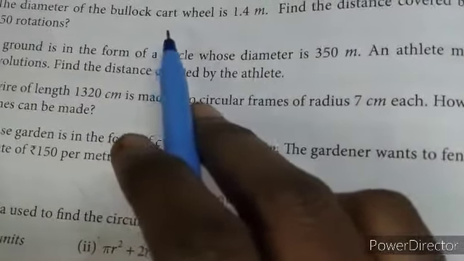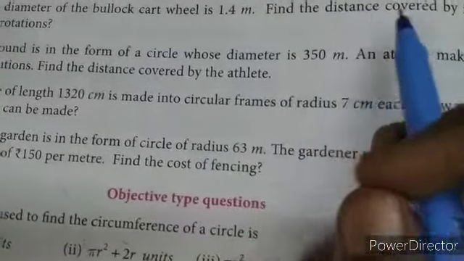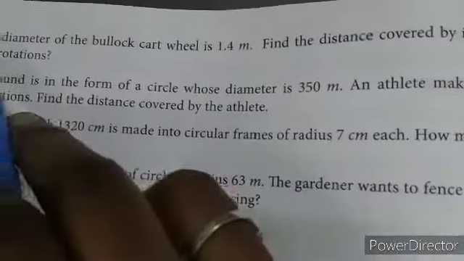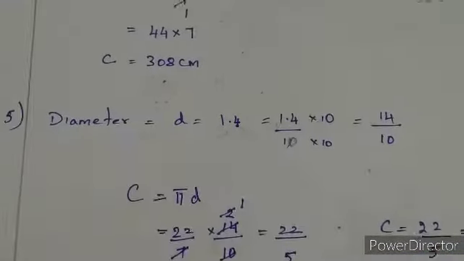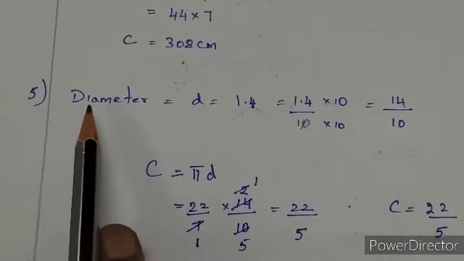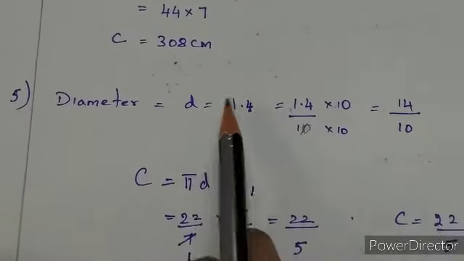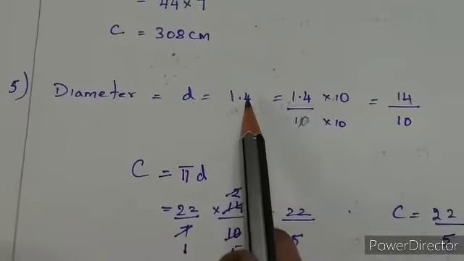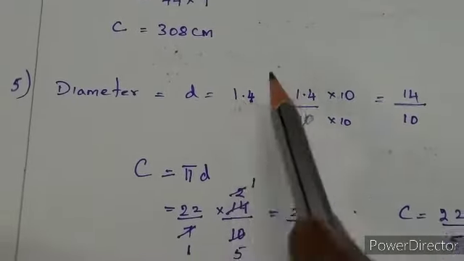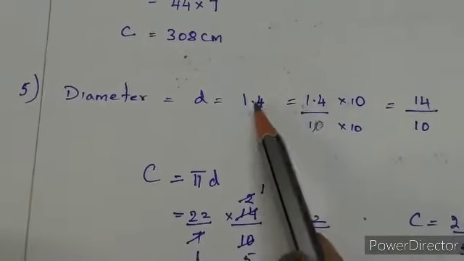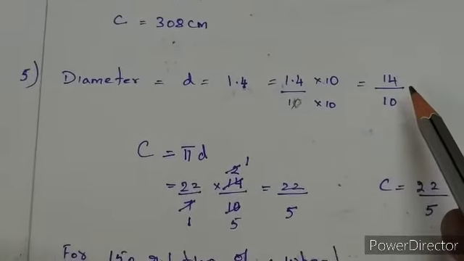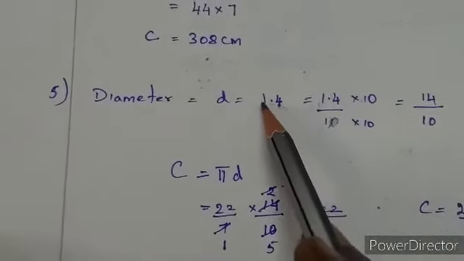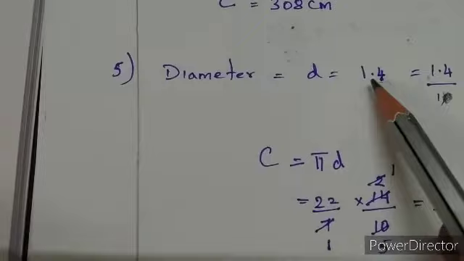Then we can go for the total distance covered in 150 rotations. First step, write the given diameter, d equals 1.4, which is given in the question.